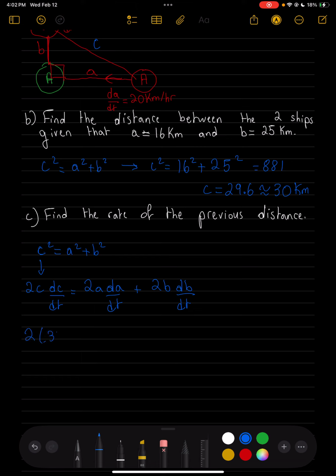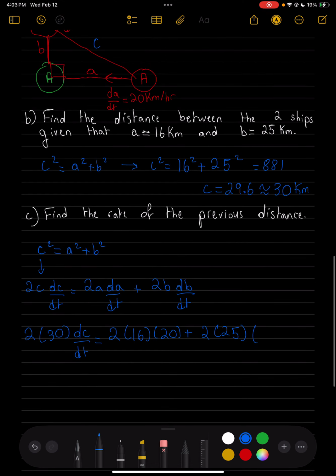It's 30 dC over dt. 2. What is A? 16. What is dA? 20. Plus 2. What is B? 25. And what is dB over dt? It is basically 23.